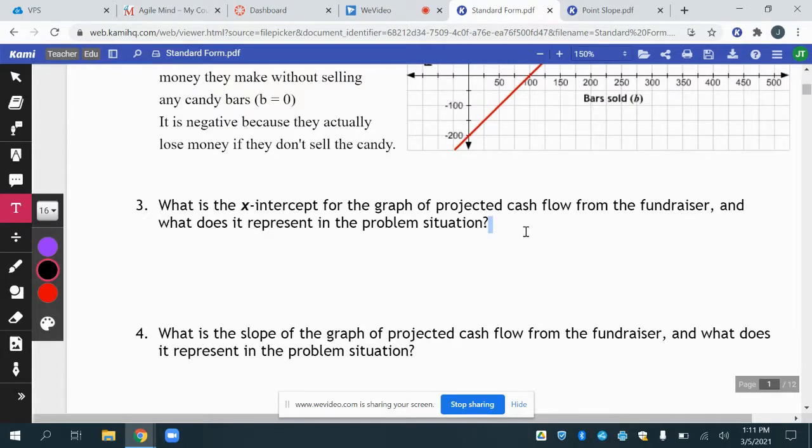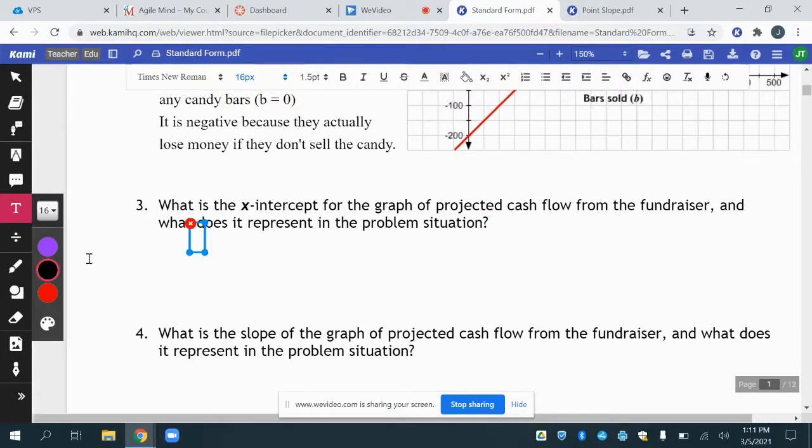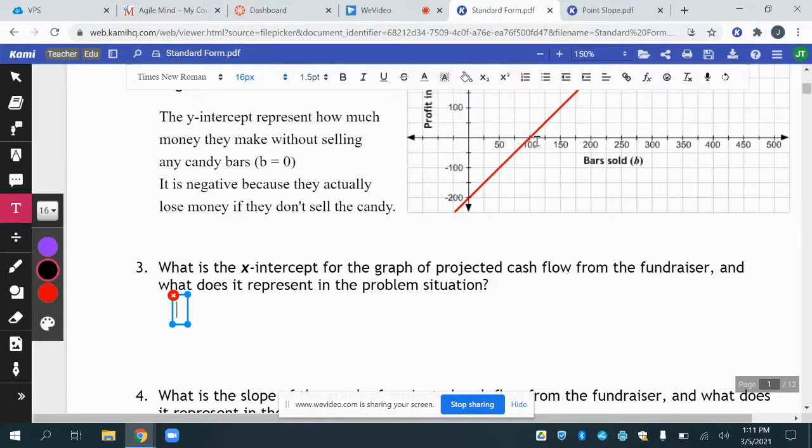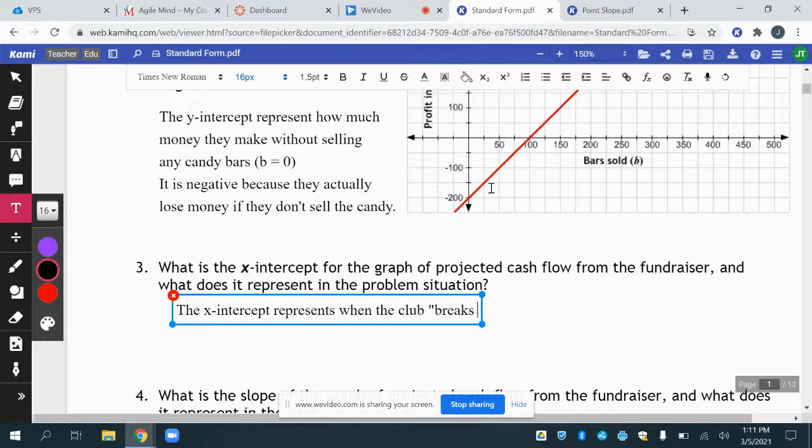Let's see here. We're going to say then the x-axis right here states that where they break even. Now they haven't made money and they haven't lost money. The x-intercept represents when the club breaks even.